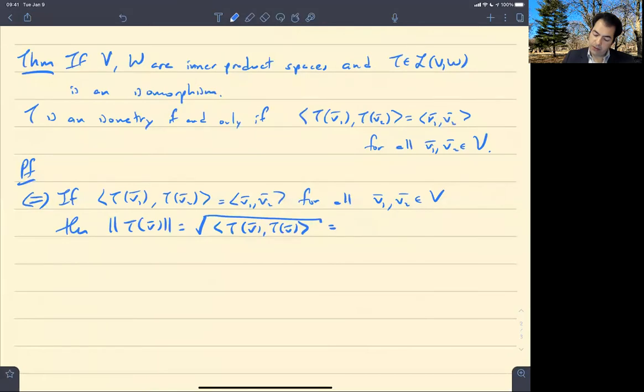And because the inner product is preserved, that's the same as the square root of the inner product of v with v. And that is the norm of v for all v in V. So T is an isometry. Well, actually here, let me just say, so T preserves lengths.